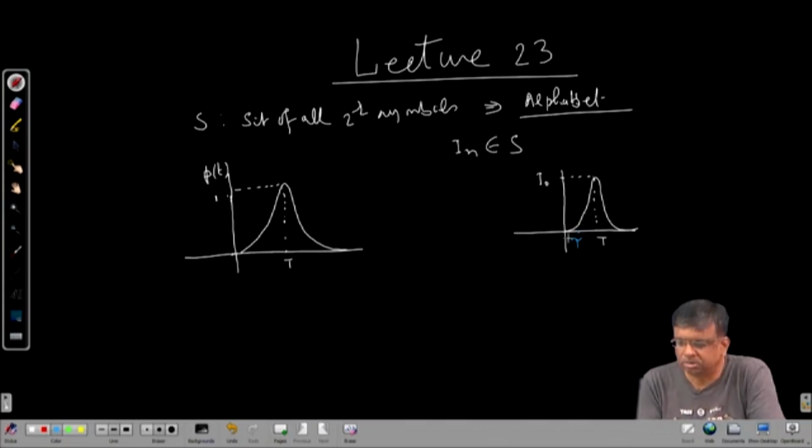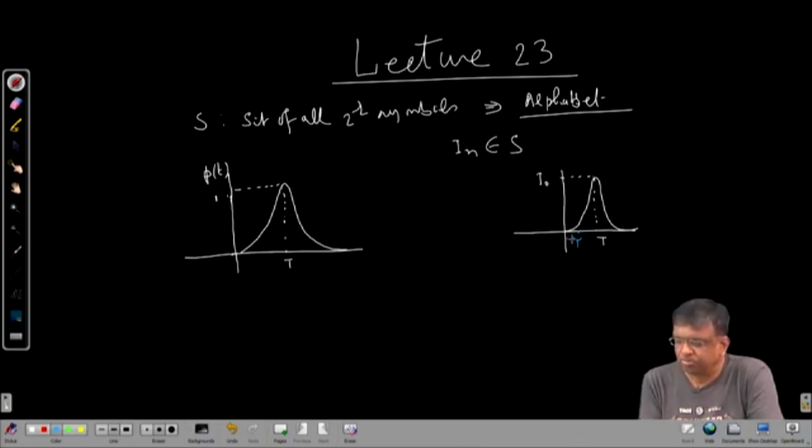So the symbol period is tau. Every tau amount of time, maybe nanoseconds or whatever, a new symbol comes. So at 0, one symbol came, I0, I trigger a pulse and multiply it by I0. So the pulse shape remains the same, only the amplitude changes from 1 here to I0 here.